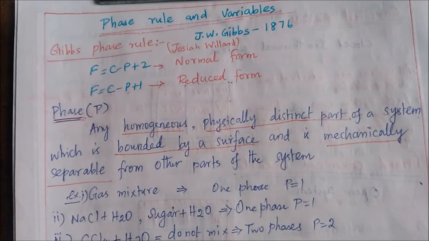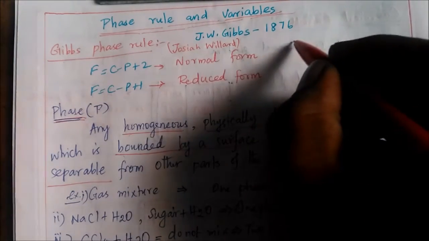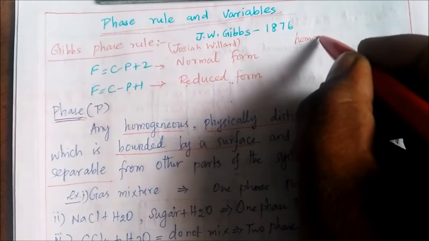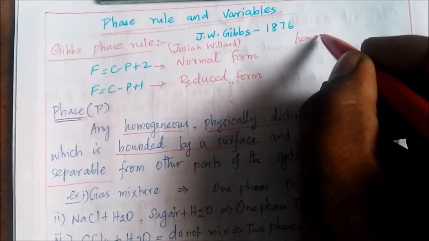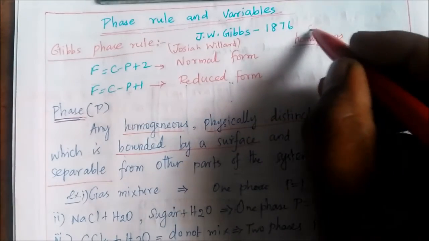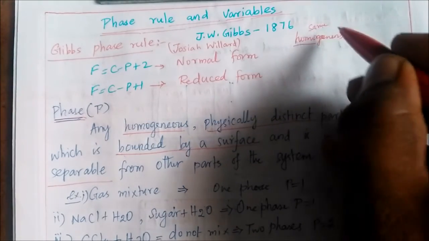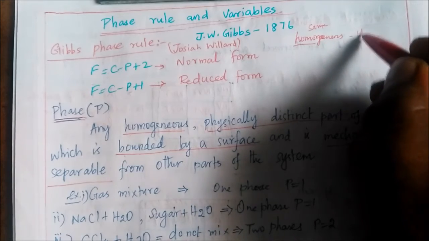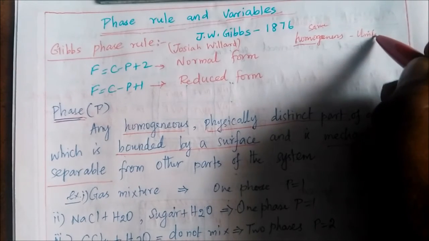So what is homogeneous, what is heterogeneous? Homogeneous means uniform throughout. Homo means same. Homogeneous means uniform throughout, same throughout.